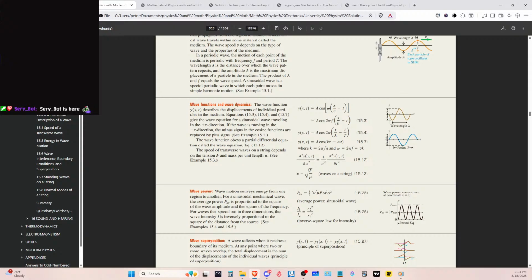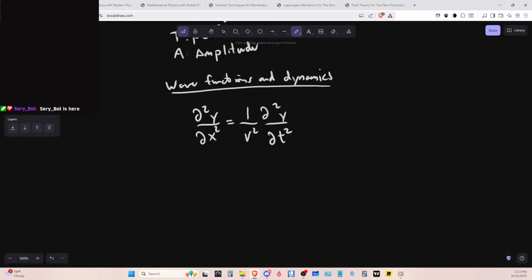Okay, so we'll start off with the wave equation, the mathematical underpinning of waves.